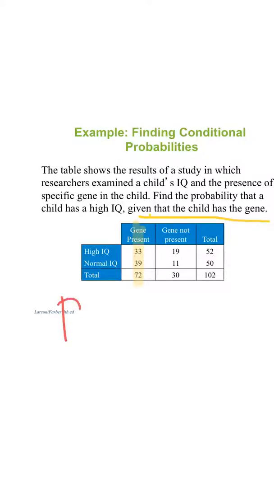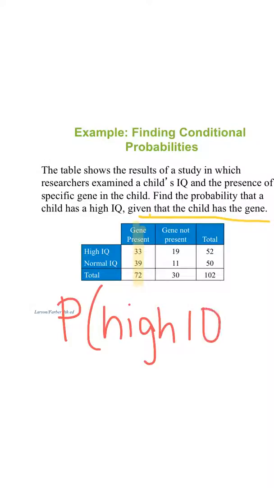So our probability looks like this. Find the probability that a child has a high IQ given that they have the gene. I didn't spell out the whole word gene because I ran out of room there on the side. But given the fact that they have the gene, find the probability that they have a high IQ.